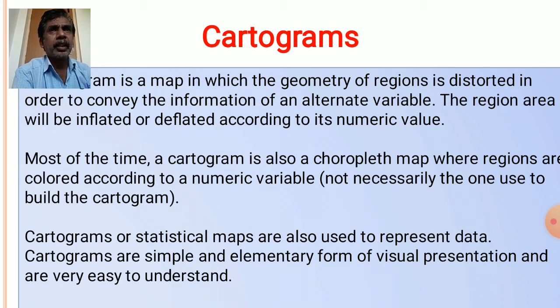In the mass media, in newspapers, and in other areas, we can use cartograms for getting an idea about the data. Generally we see in newspapers and on televisions the data shown in different regions.